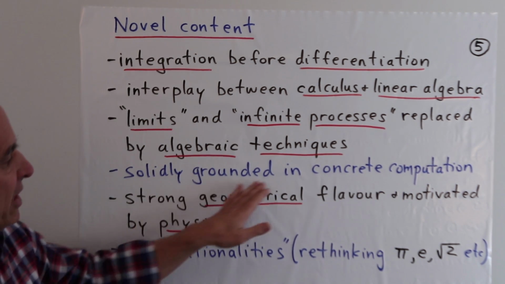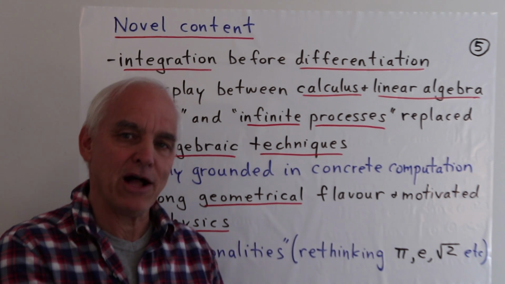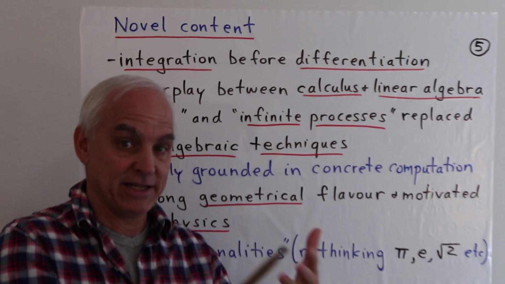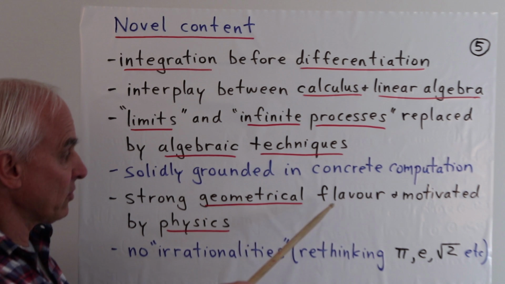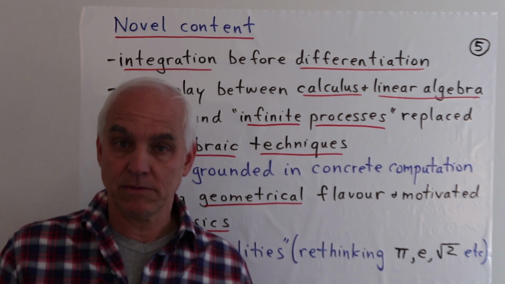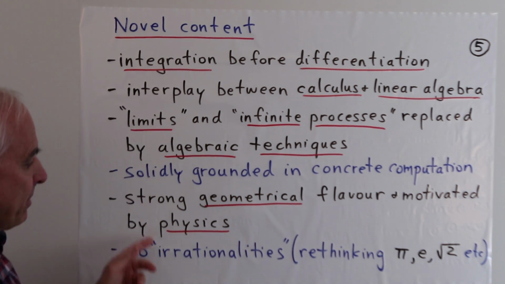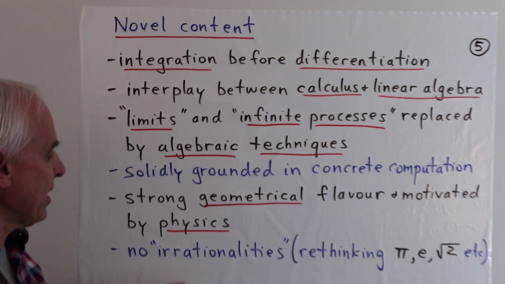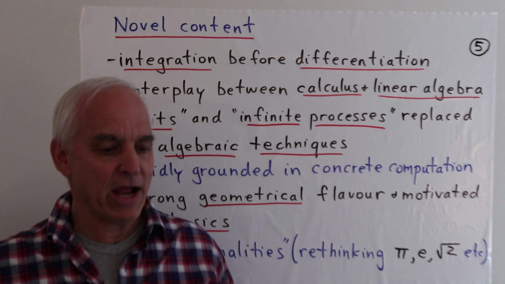So we're going to ground ourselves, if we can, in concrete computation so that we can always make calculations to see explicitly what's really going on. And there will be a strong geometrical flavor, and we will of course be motivated by physics in particular. And in the same direction in terms of skepticism, I'm problematic about real numbers and irrationalities.